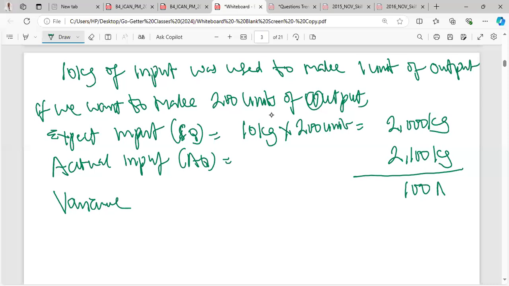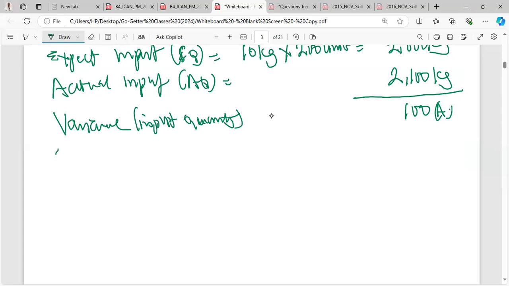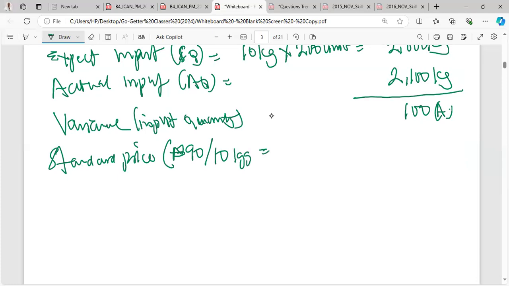Variance input quantity. Now, if you bring the standard price, we said it's 90 naira divided by 10 kg, which is equal to 9 naira per kg.